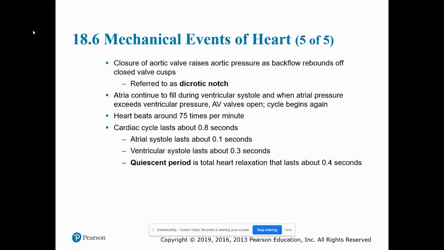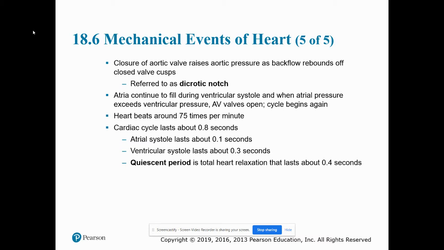The closure of the aortic valve raises aortic pressure as backflow rebounds off of the closed cusp. Basically what this means is the blood's going to flow out of the ventricle into, let's say, the aorta, okay?